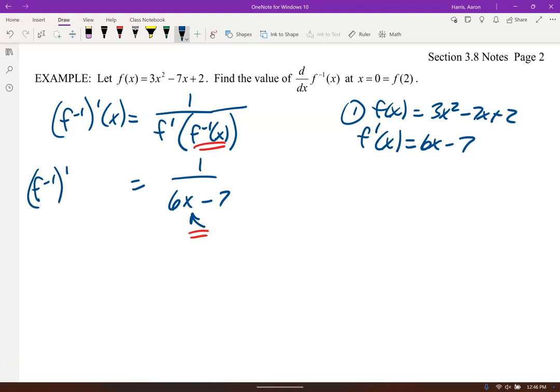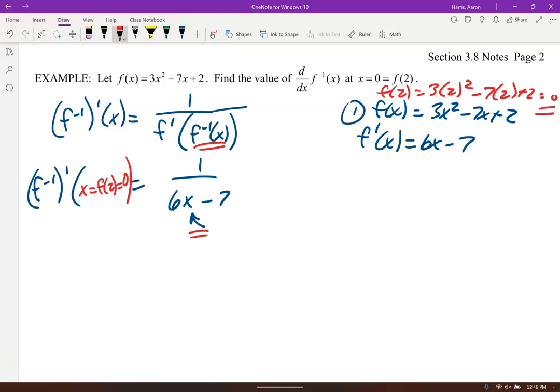So they're wanting the derivative at x being 0, I'm sorry, x being f of 2, which is, if you plug f of 2 into the original, you get 0. So they're saying plug the y in, right?